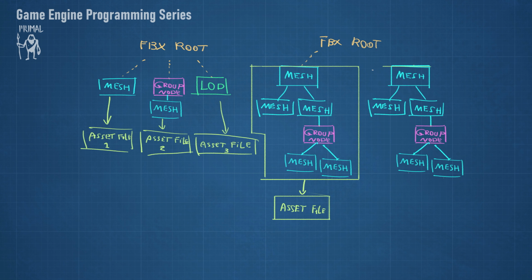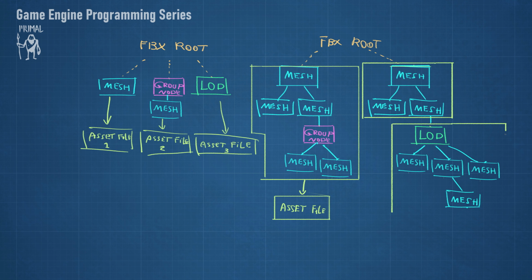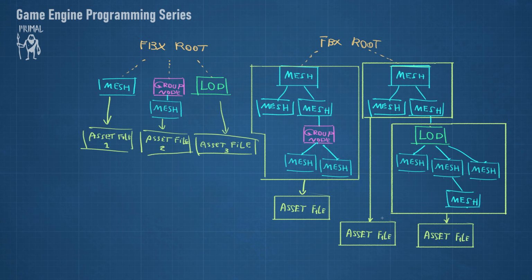If there was an LOD group somewhere, we always save it in its own asset file. So in the example that we have here, the 3 meshes would be saved to one asset file and the LOD group and its meshes would be saved to another file.